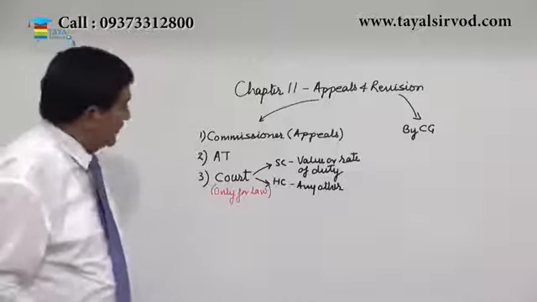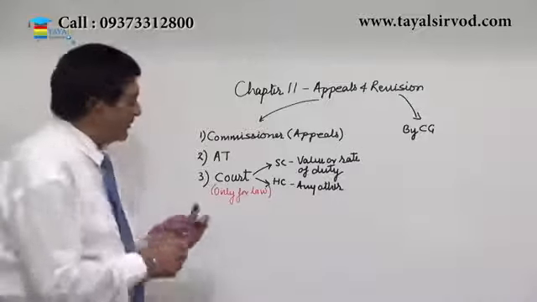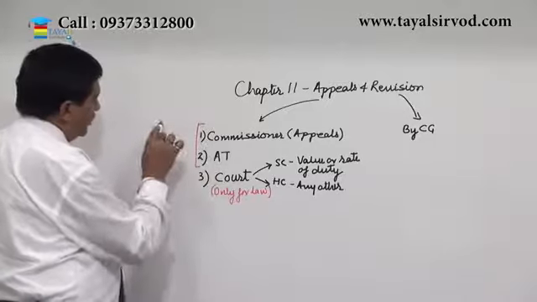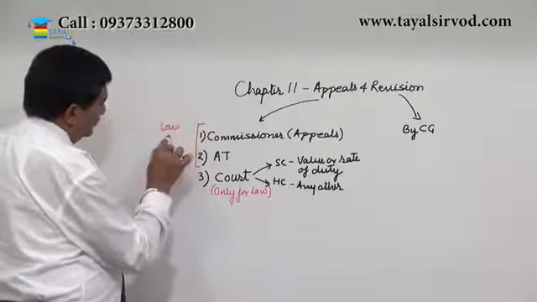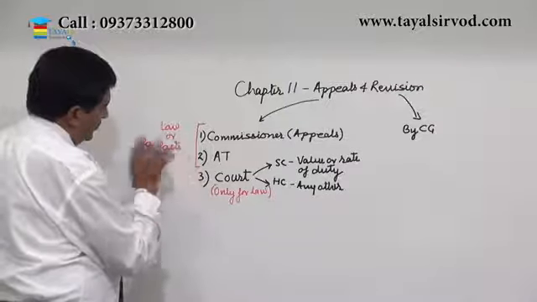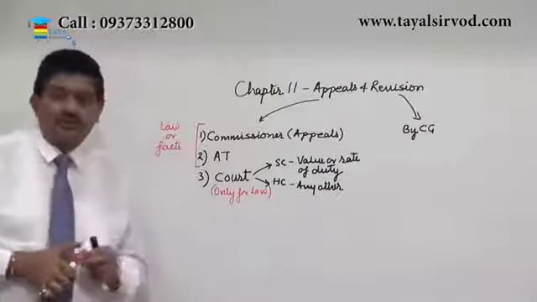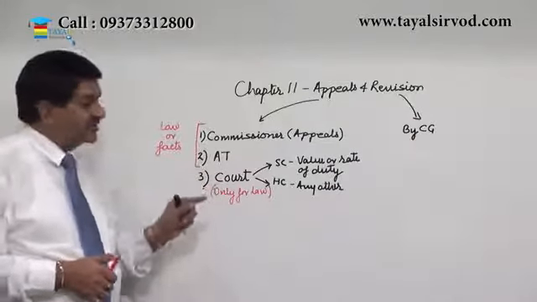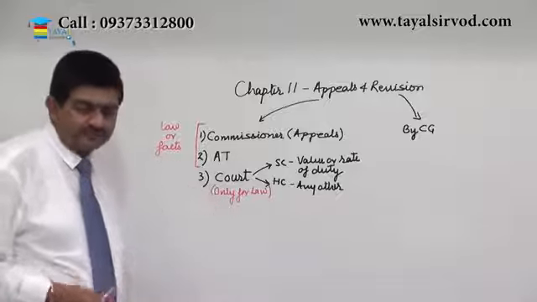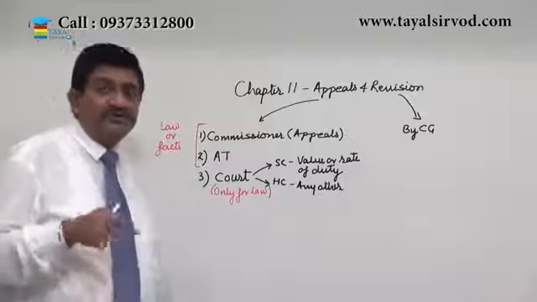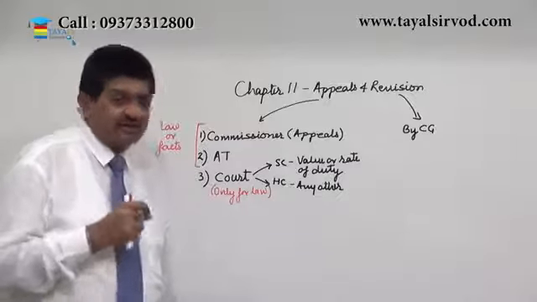So as far as appeal before the Commissioner and Appellate Tribunal is concerned, here the subject matter of appeal may be law or may be facts. But appeal before the court should necessarily be in relation to a subject matter of law. So the court answers the law. It does not answer for a specific situation.